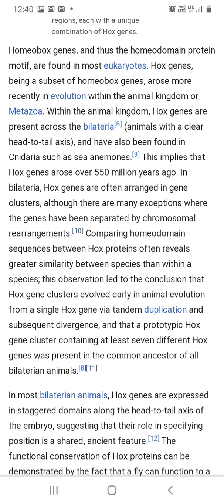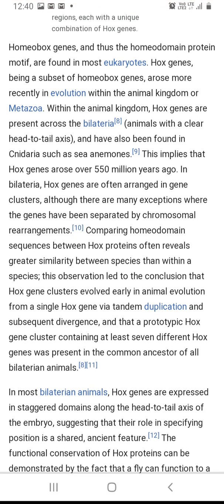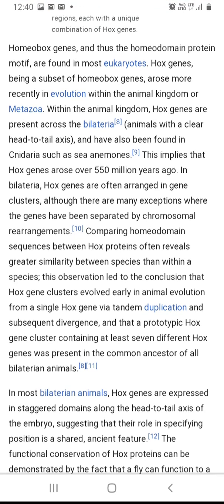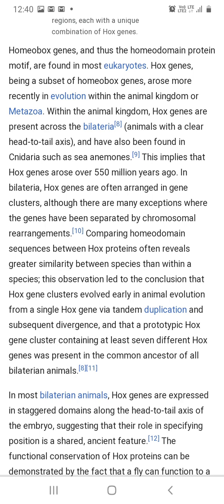Comparing the homeodomain sequence between HOX proteins often reveals greater similarity between species than within the species. In most bilaterian animals, HOX genes are expressed in staggered domains along the head to tail axis of the embryo, suggesting that their role in specifying position is a shared ancient feature.